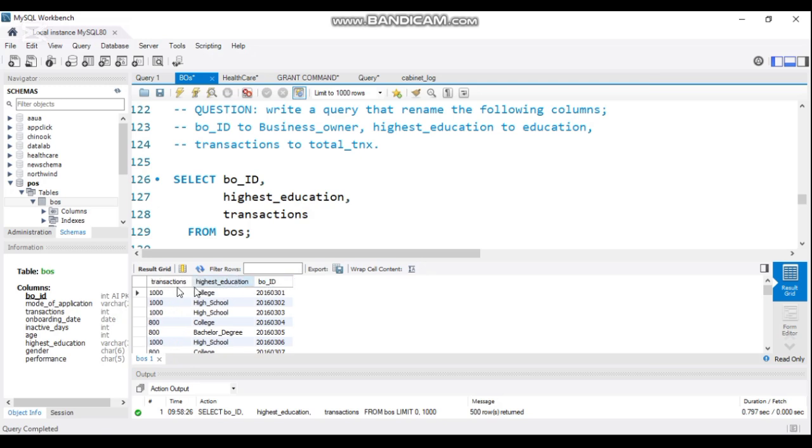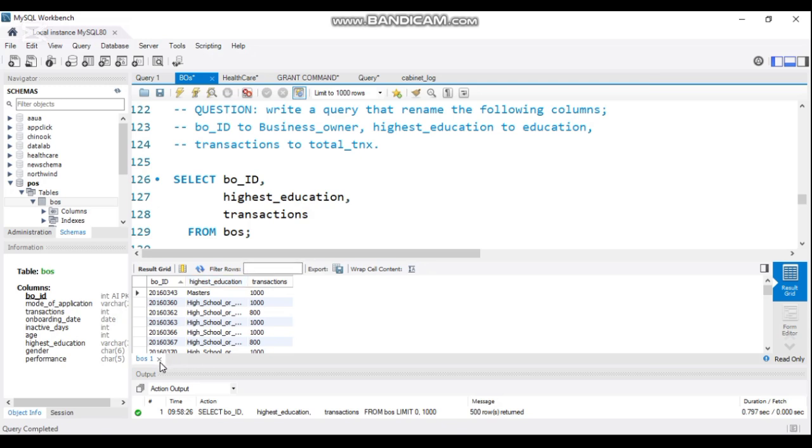These are what I want us to see first before we proceed to the alias. Can we see that we have the normal names in our return? We have the normal BOID, the highest education, and the transaction. So those are the things that we have in our normal table in our database.